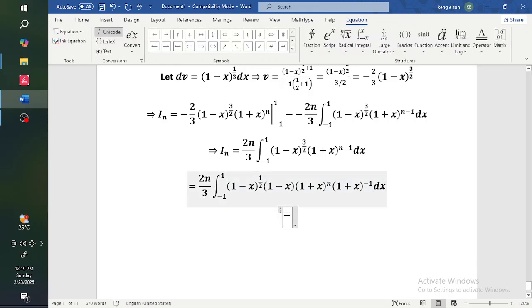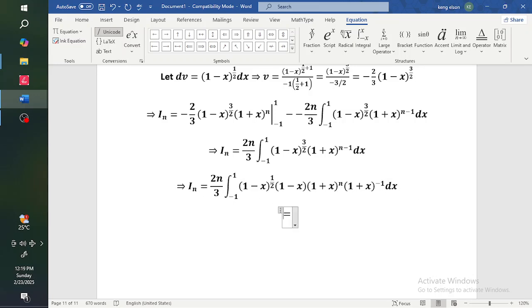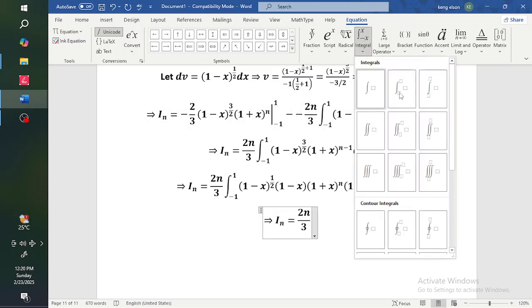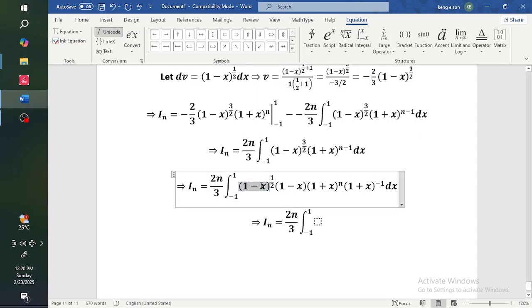So what I'm going to do now is pair. So this is still I n, which is equal to 2n over 3 times the integral from minus 1 to 1. Now I will rewrite this as a square root.